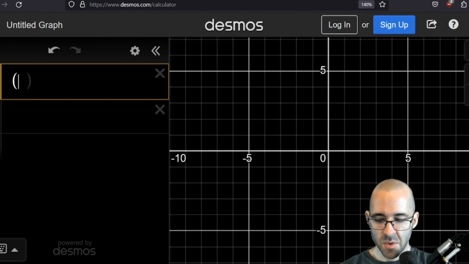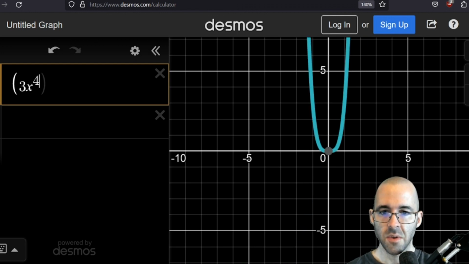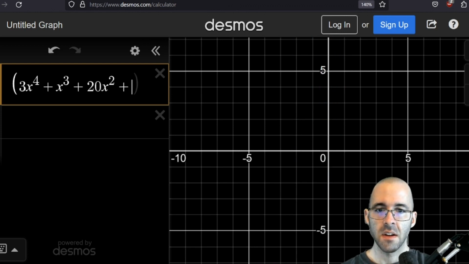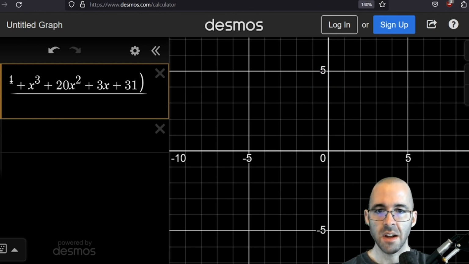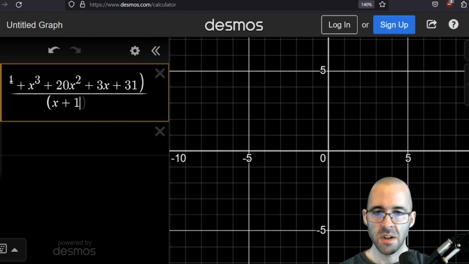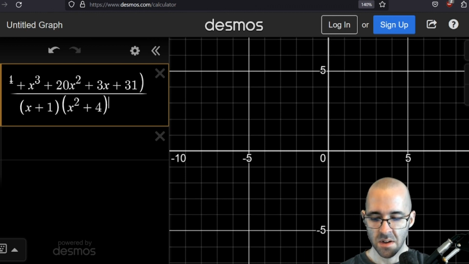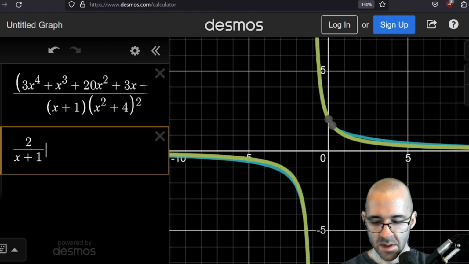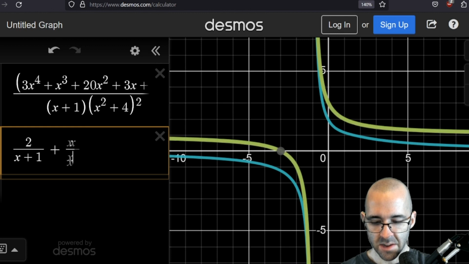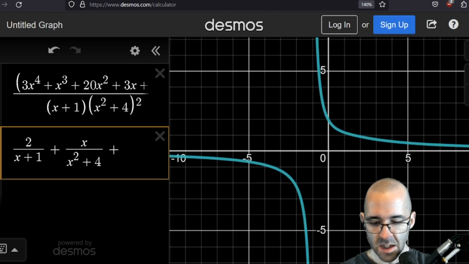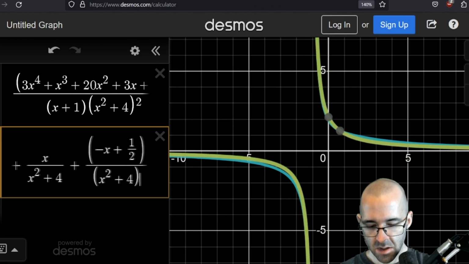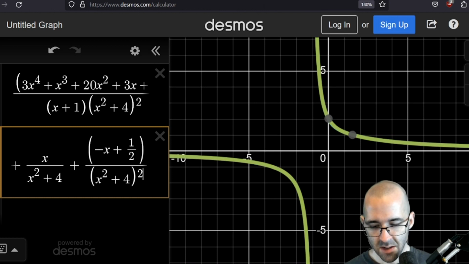Because it seems weird. 3x to the 4th, x cubed plus 20x squared, plus 3x plus 31, all divided by x plus 1 times x squared plus 4 squared is equal to a over x plus 1 plus bx over x squared plus 4 plus negative x plus a half over x squared plus 4 squared.